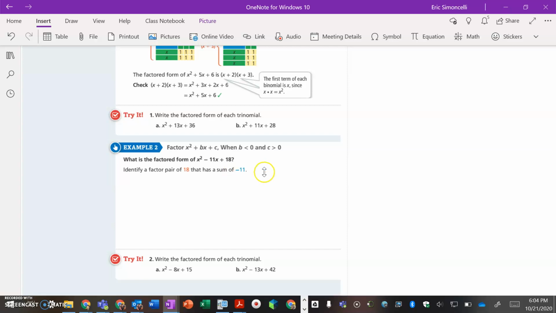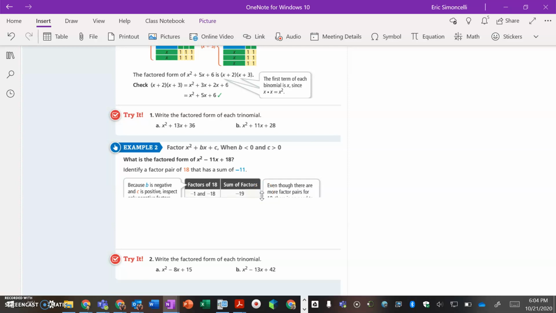First up, identify a factor pair of 18 that has a sum of negative 11. So again, we're going to try to think what two numbers multiply to 18 and add to negative 11. In this particular little table, we'll highlight that same idea. Factors of 18 and sum of factors, hopefully yielding what we want, of course, negative 11.